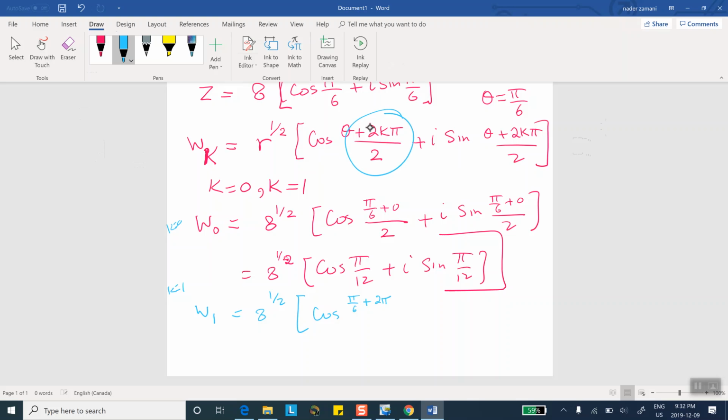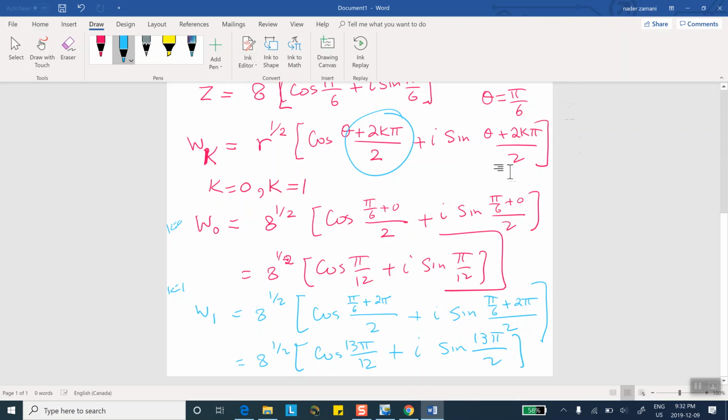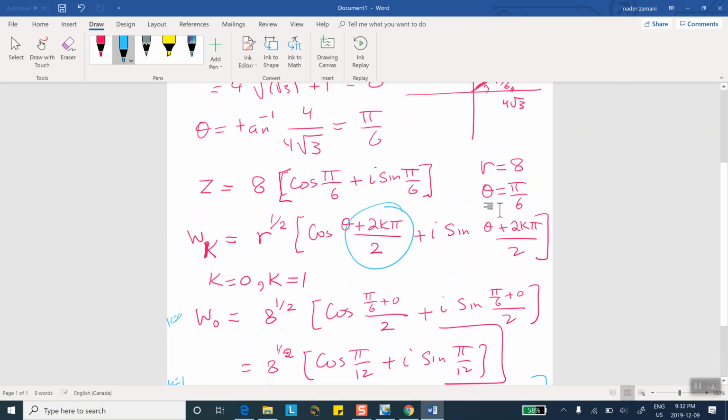In here, you put k equal to 1 divided by 2 plus I sine of pi over 6 plus 2 pi divided by 2. So this is 8 to the 1/2. And this guy is cosine of 13 pi over 12 plus I sine of 13 pi over 12. These are the two roots. Okay, let's do the next problem.